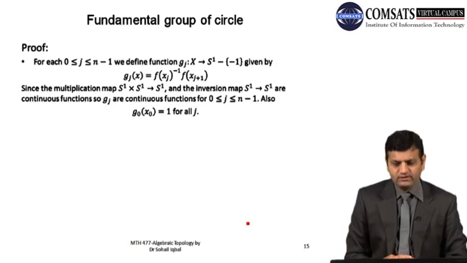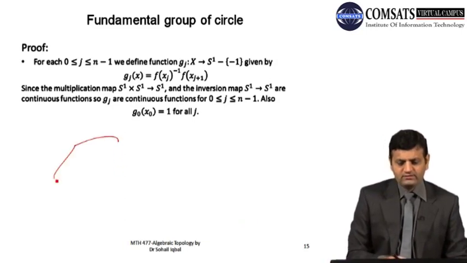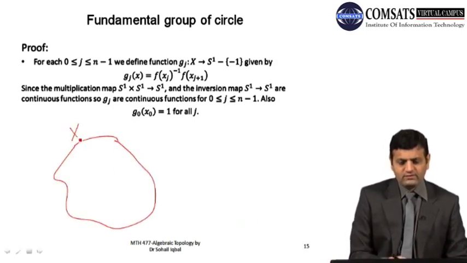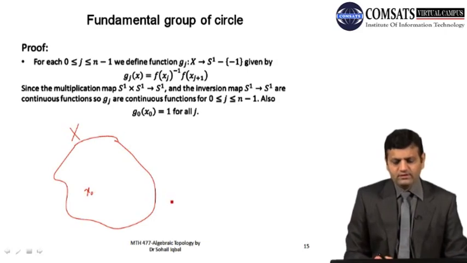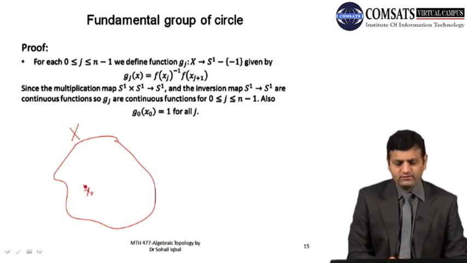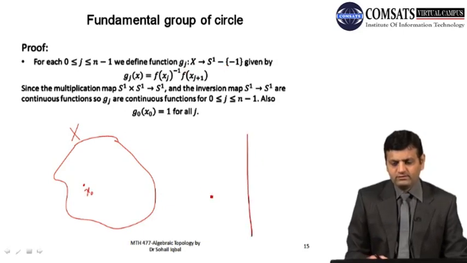So what is this function? These are functions from the space X, which is our given space with the fixed point x0, so gj from X to S1 minus {-1}.